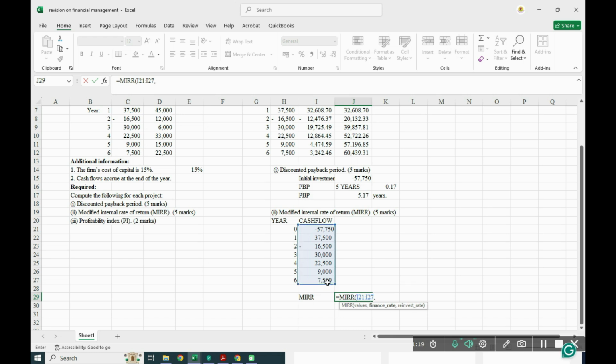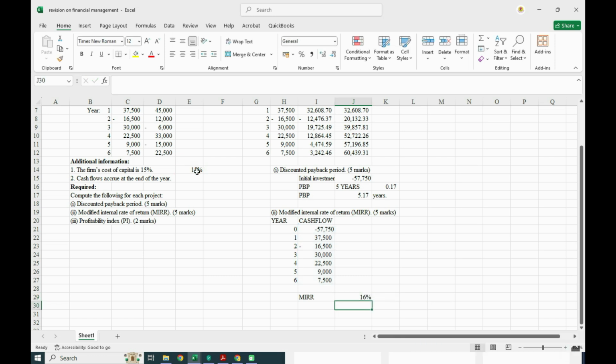We put a comma to the finance rate, which is 15, and we normally take it to be the same. If you don't have the investment, you assume both of them are the same. The investment rate and the finance rate are the same, and you enter, and you'll find that in our case the modified internal rate of return is 16.